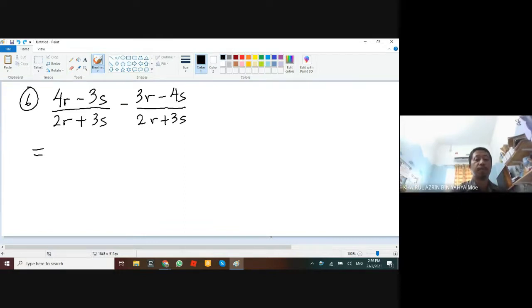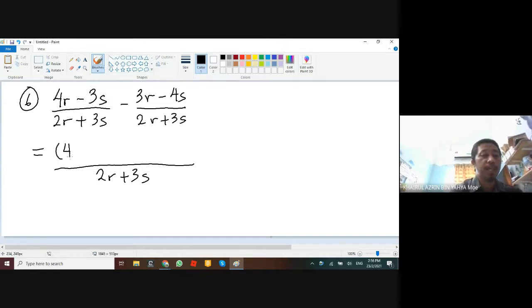First of all, I draw a long straight line. We write the denominator here, and because the denominators are the same, we just write it back. For the first numerator, I write a bracket here. Minus. This one also we must write a bracket. It's a common mistake because most students didn't write the bracket. That's why it's wrong.